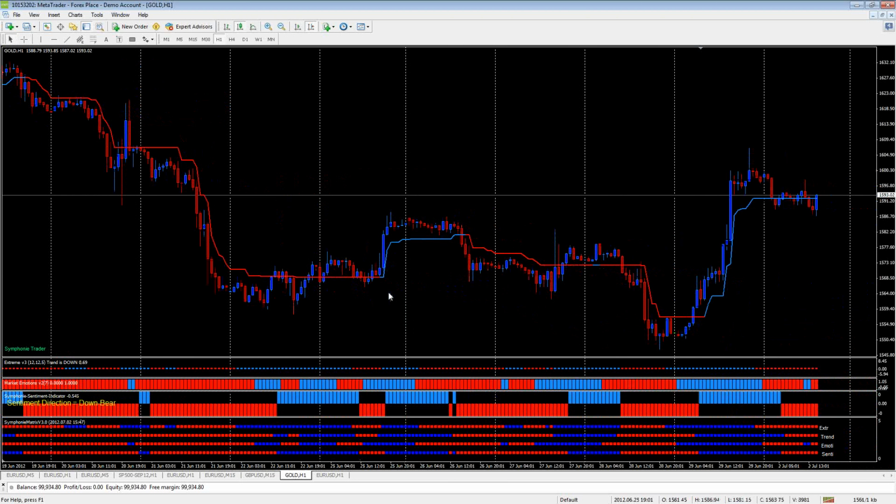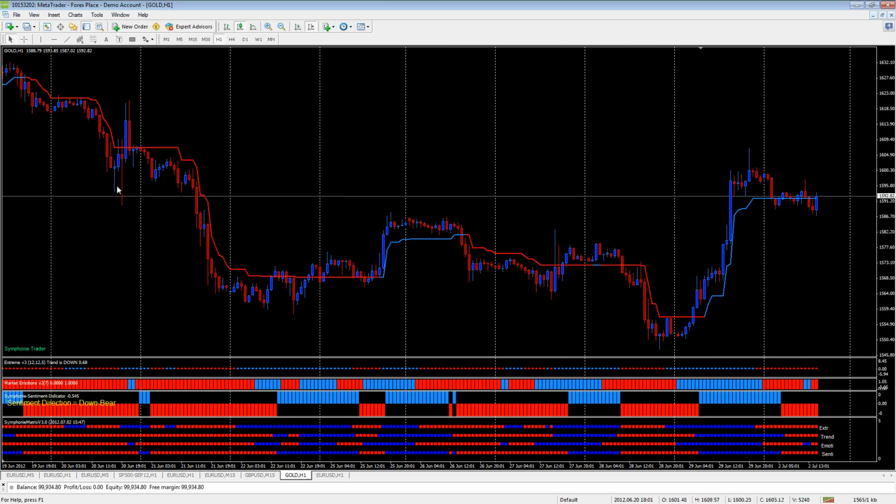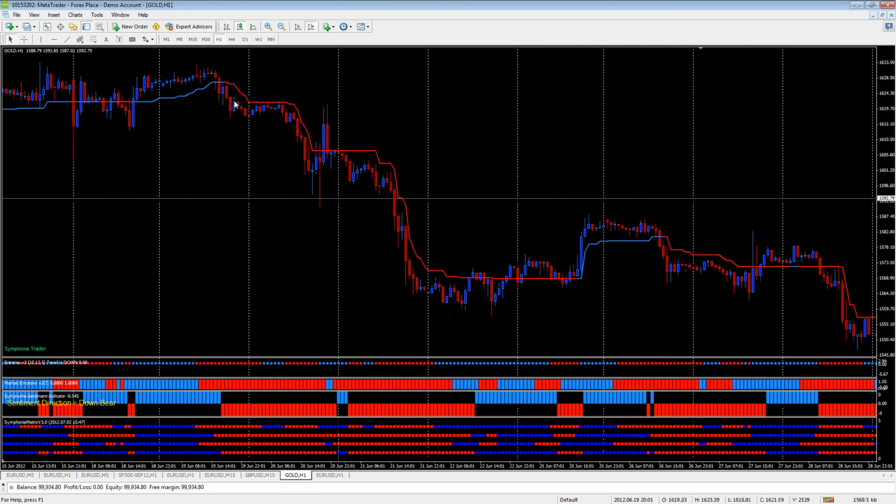Just bear in mind that the gold is, of course, much more choppy and violent, and you have to be more cautious. For example, here, look at these spikes all over. Here spikes and big candles that may really take you out of the trade, even if you're in the direction of the trend.